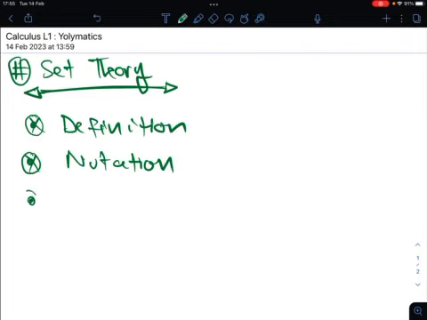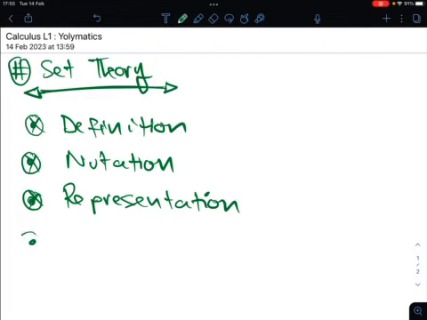And then after that, we are going to look at different ways of how we can represent a set. And then finally, we are going to talk about subsets. So that's what is going to be covered in this video.